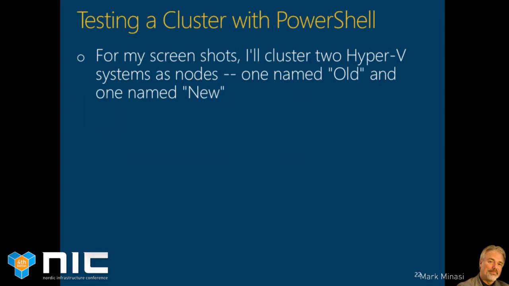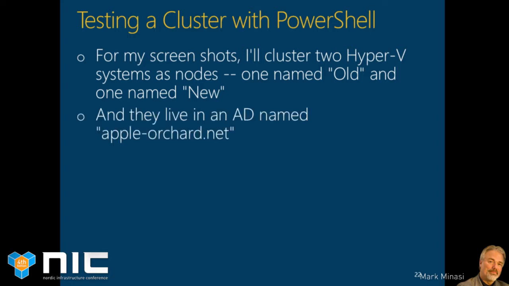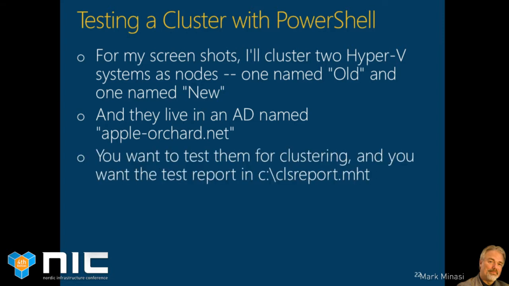Now, you can certainly do this with the wizard, but the PowerShell command is so simple that it's just crazy not to use it. Again, in my examples, I've got 2 nodes, one named old, one named new. They're in a domain called apple-orchard.net. If you want to test them and create a report, it'll produce a report. And let's say you want to put that in the root as c:\cluster report.mht.